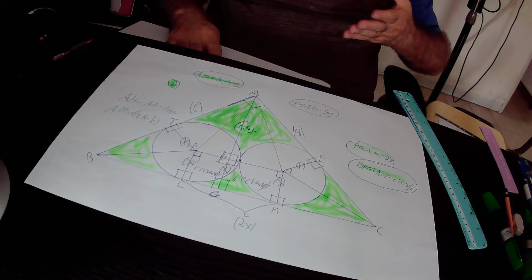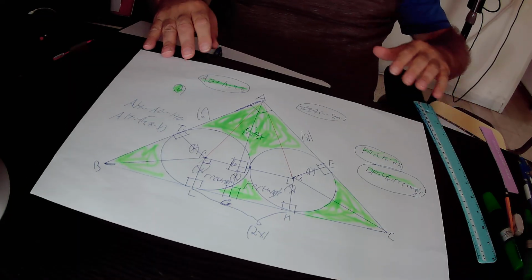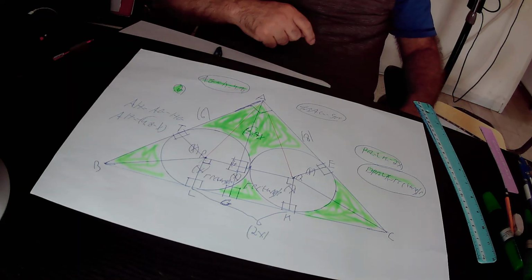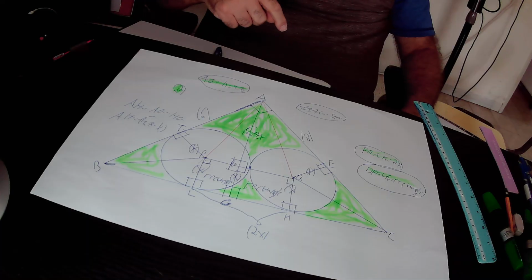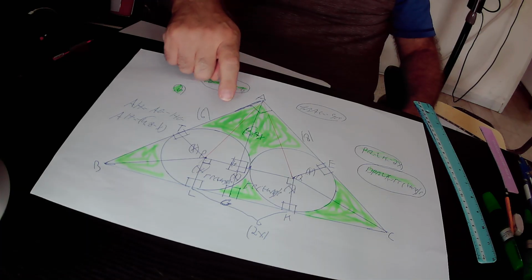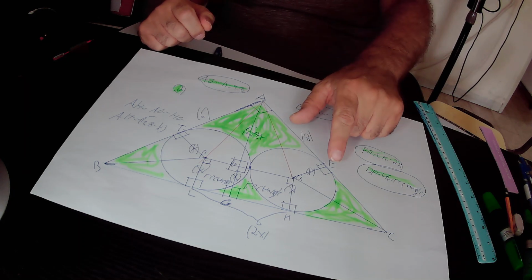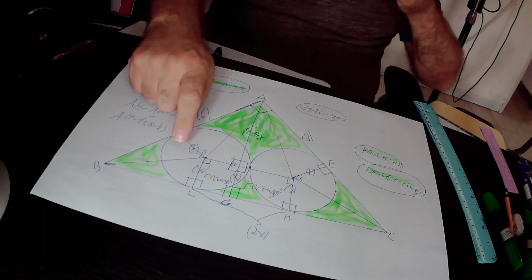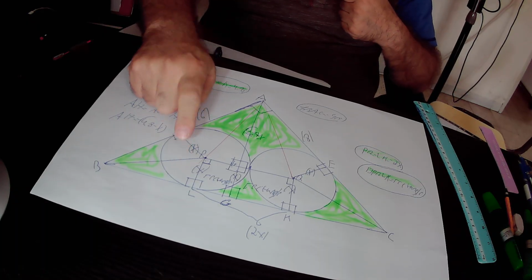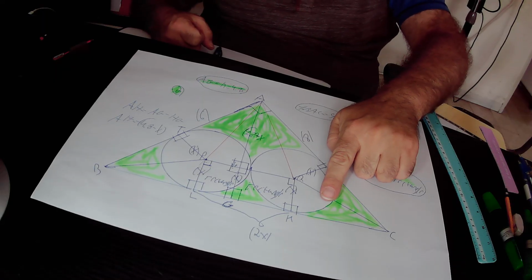So by doing all those constructions, we divided the big right triangle ABC into 6 parts. The 6 parts are as follows. The first part of triangle ABC is this triangle APB. The second part is triangle AQC. The third part is triangle BPL. The fourth part is this right triangle QKC.